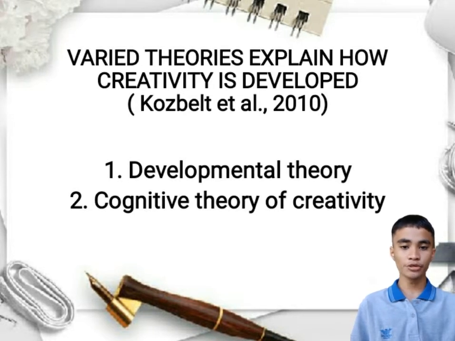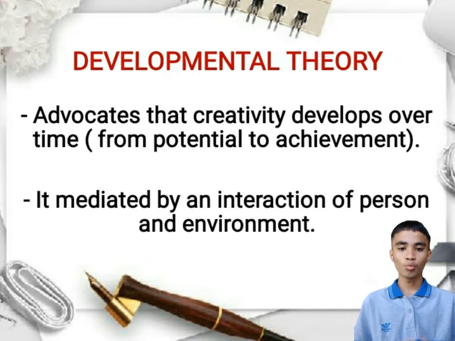There are varied theories that explain how creativity develops, according to Cosbelt et al. in 2004. One is the developmental theory. This theory advocates that creativity develops over time, from potential to achievement. It is mediated by an interaction of person and environment. It emphasizes the influence of the place and family structures, the role of play and support during the transitions.